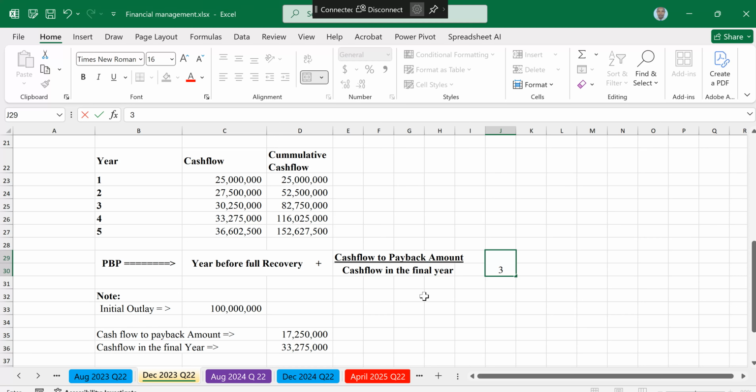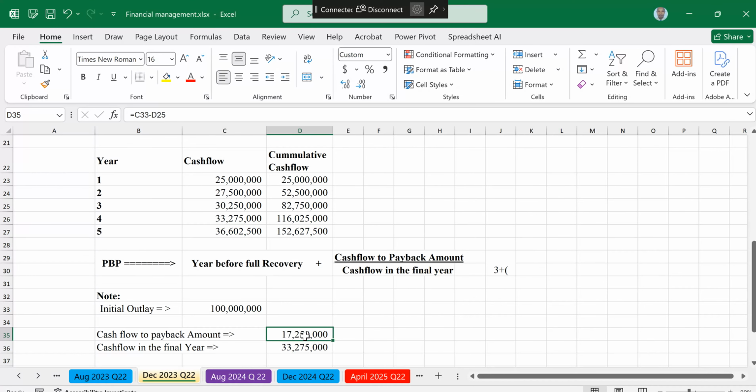So we are stopping at 3, then plus, open bracket, cash to payback amount, which is 17,250, over cash flow in the final year, which is 33,275.